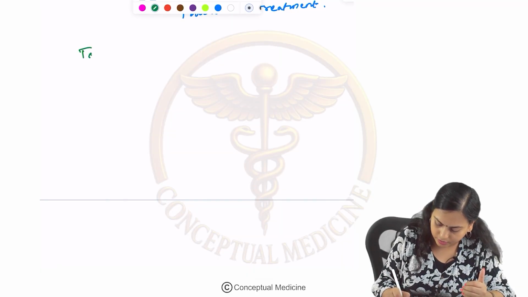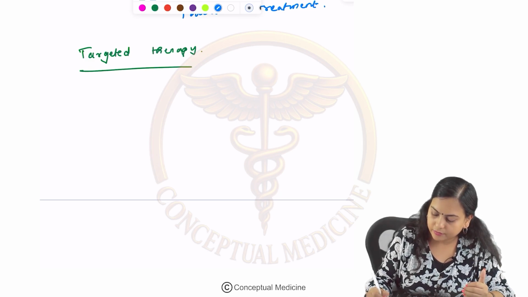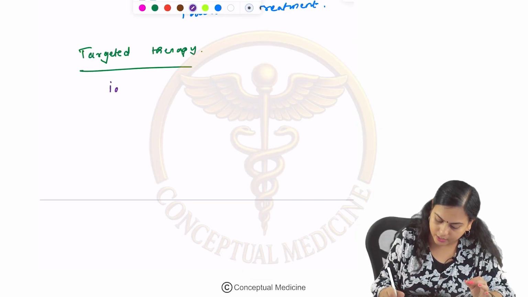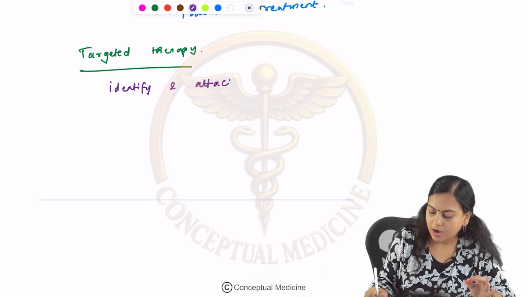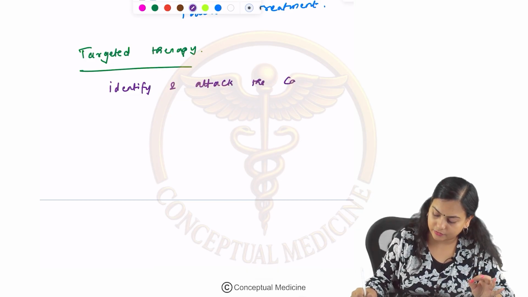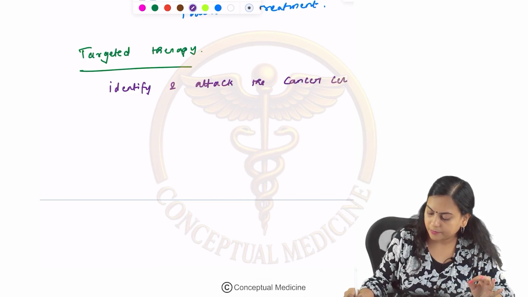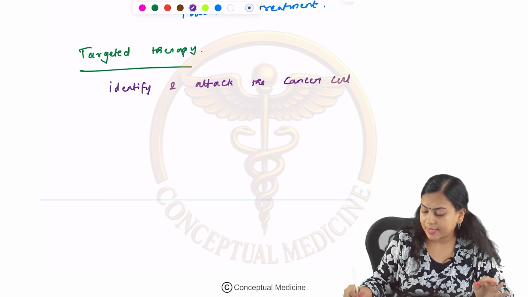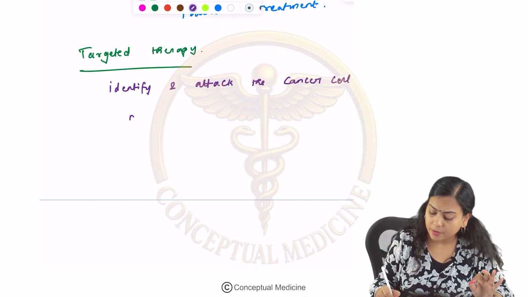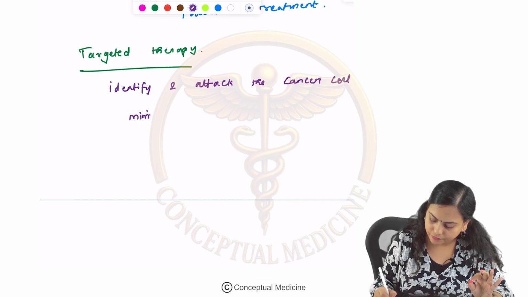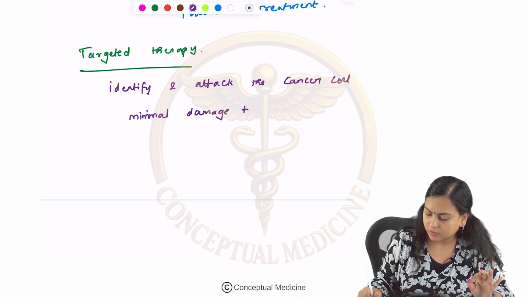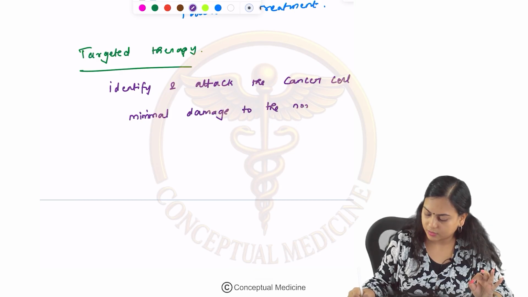Okay. There is something called targeted therapy. Here we identify and attack the cancer cells itself. Okay, and we should take care that there is minimal damage to the normal cells.